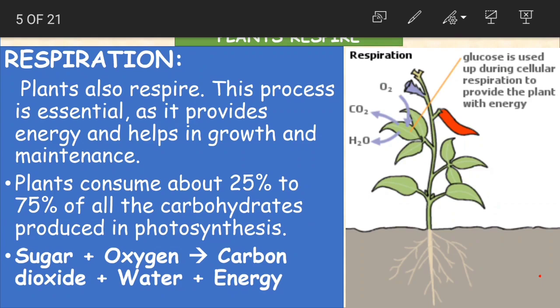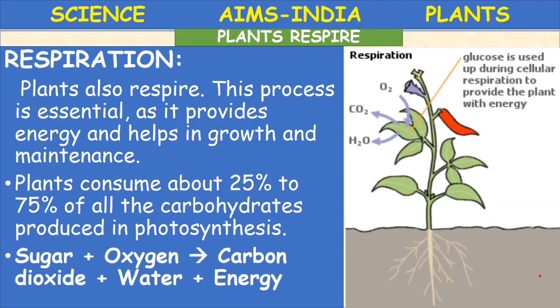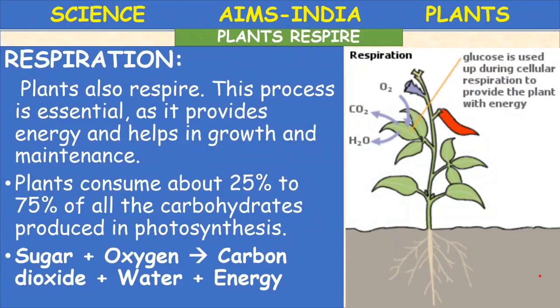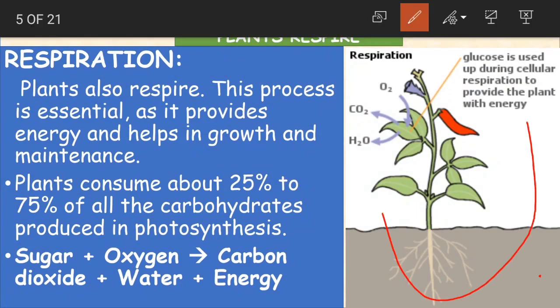Again, that glucose is used as energy for the plant with the help of oxygen, and again it converts into carbon dioxide, water and light, which again results in photosynthesis.